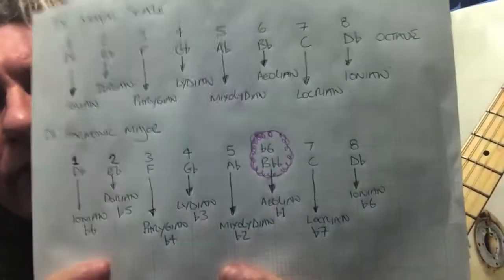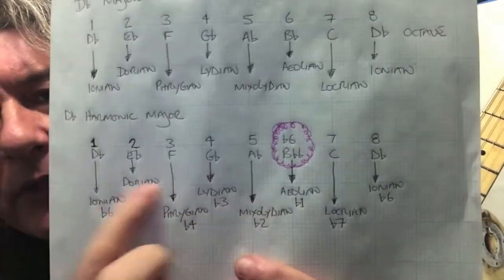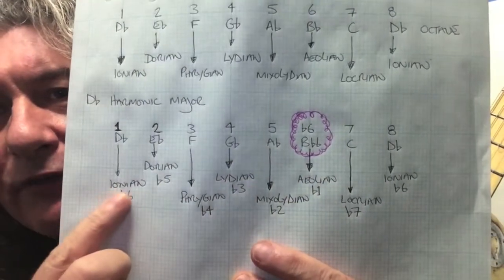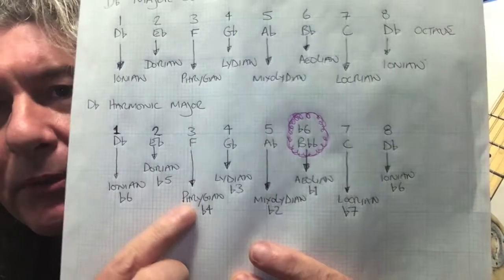Now when we play this scale, the harmonic major, with the flat 6, one note difference, that effectively gives us a Phrygian but with a flat 4. So now this is the Phrygian with a flat 4.